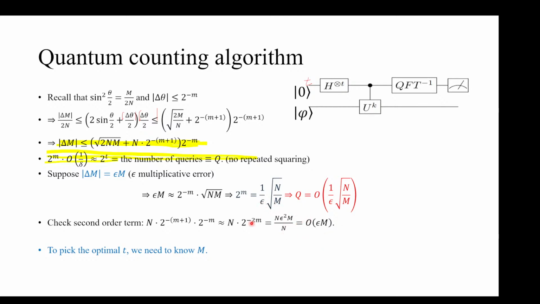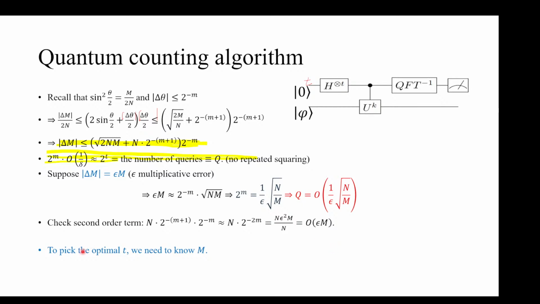Okay, so n cancels, so that's order epsilon squared m, and that's much smaller than this epsilon m here. That should be much smaller than epsilon m for small epsilon. So you see that the second order term should be okay when we do this approximation.